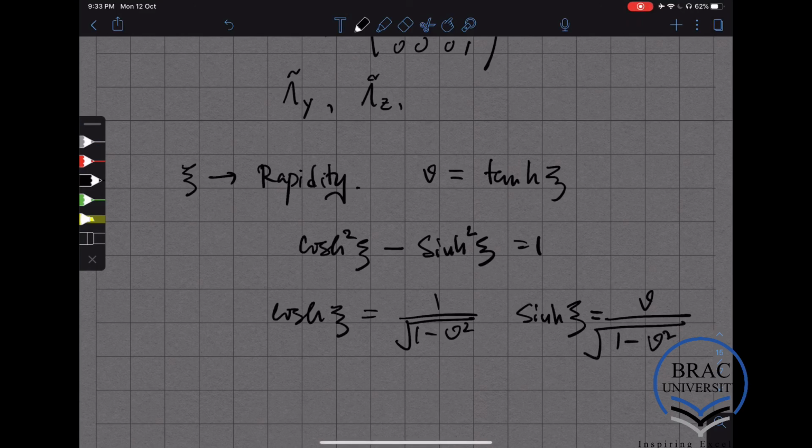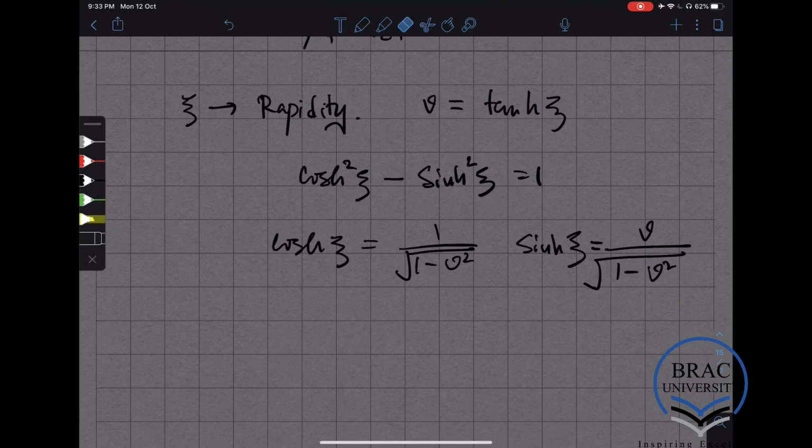Of course, we are working in units where c equals 1. If c was not equal to 1, then we would have a c squared here, 1 over c squared here, and we would have a c here.